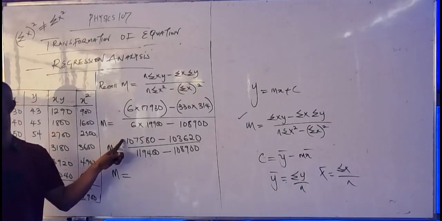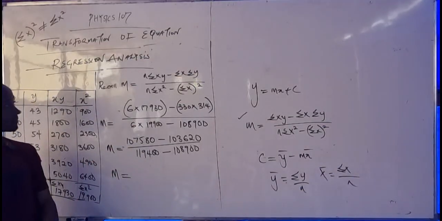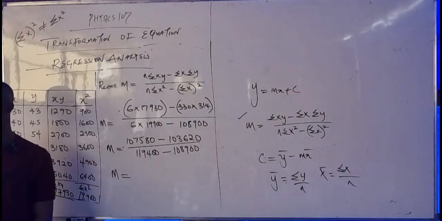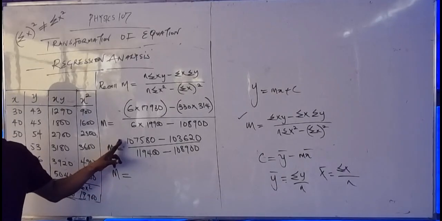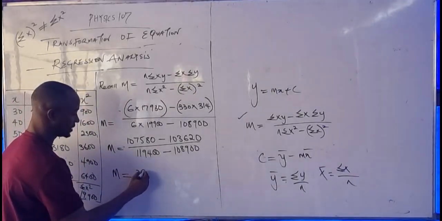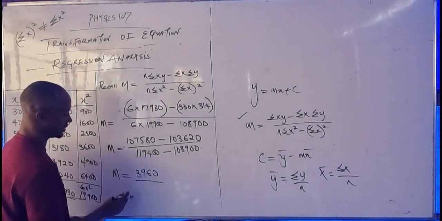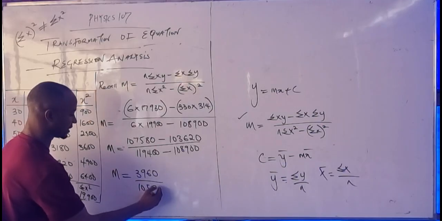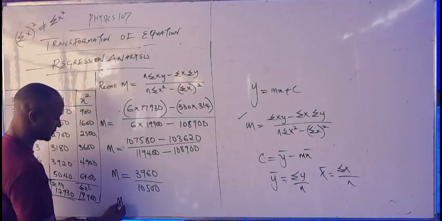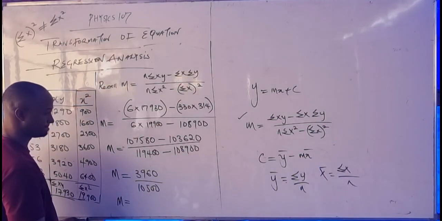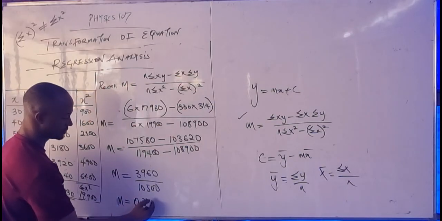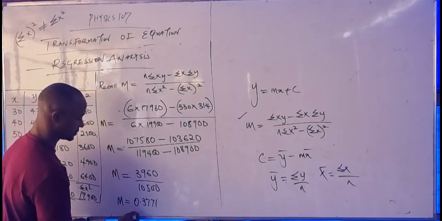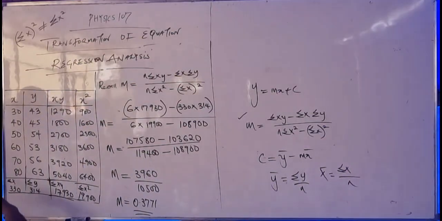Subtract this numerator. 3,960, divided by the subtracted denominator, 10,500. Then divide. 0.3771.